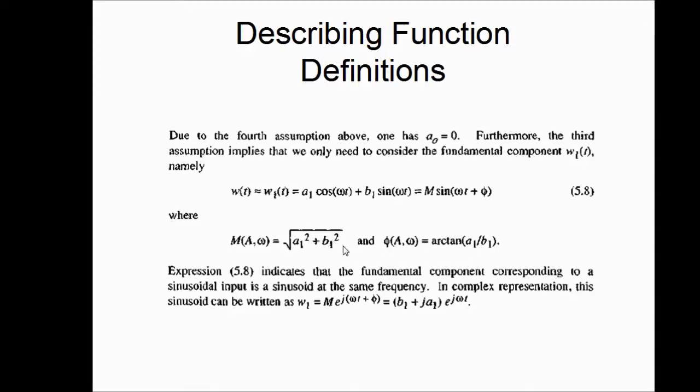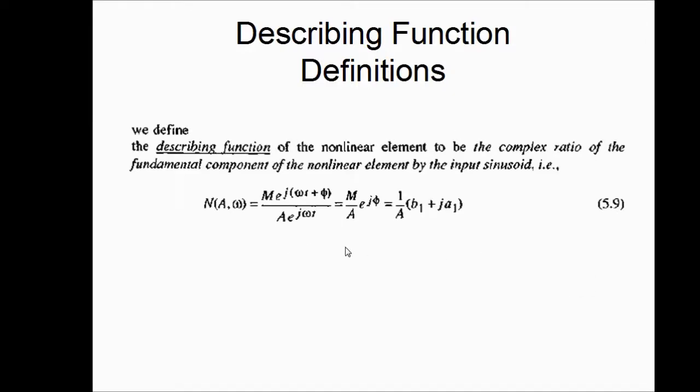We now give the definition of the describing function. The describing function of a nonlinear element is the complex ratio of the fundamental component of the nonlinear element output and the input sinusoid. The ratio of these two quantities is 1 over A times B1 plus jA1. This quantity is the describing function.